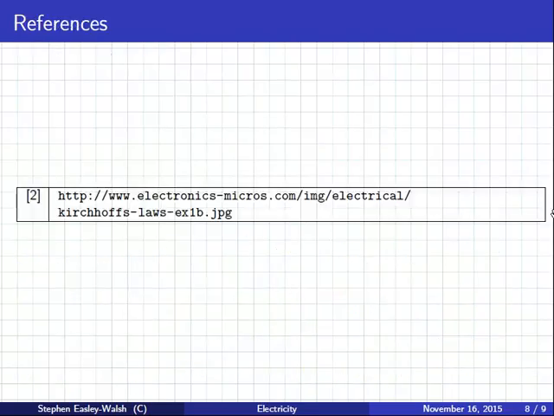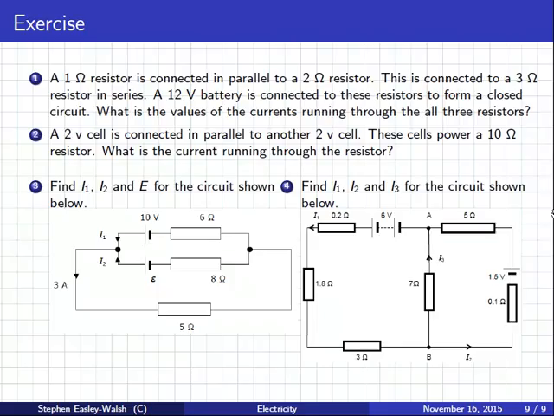Alright, so your homework: in question 1 and 2 you need to draw it, but in 3 and 4 I give you the diagram. Now you might need to watch the video and pause the video because the numbers here are small. But I upload the video every night, so you can watch it tonight.